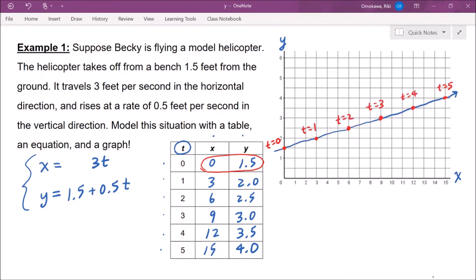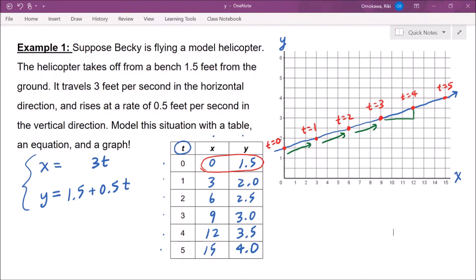So here's the graph. And this makes sense, right? With each second, this helicopter is rising a little bit in this direction. And during each second, this helicopter is traveling 3 feet horizontally and half a foot, 0.5 feet vertically, rising. And so there's the helicopter's motion.